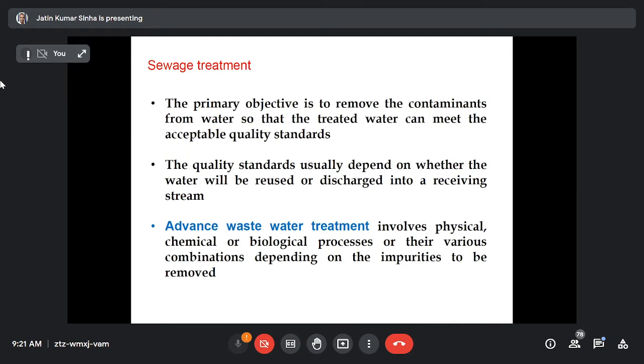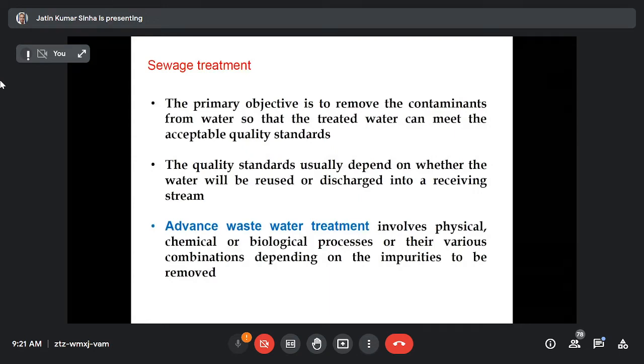If we want to use that sewage water for the drinking purpose, then we should go for advanced treatment. But it is very highly unlikely that any country uses sewage water finally for the drinking stage. Very rare. Maybe one or two countries in the world are using this method.